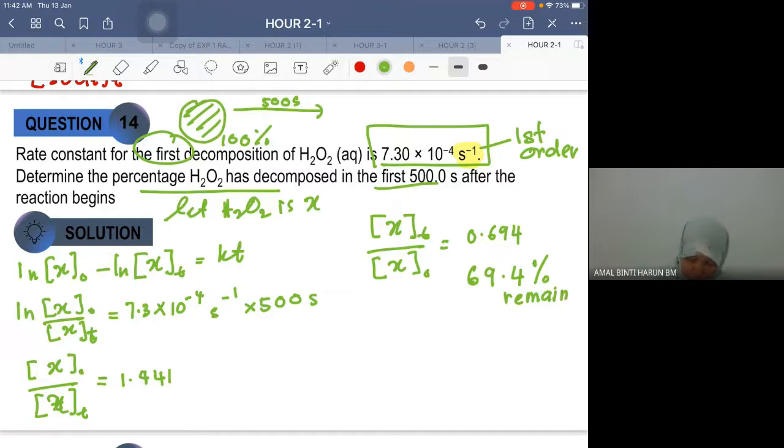Tapi dia minta apa? Percentage decompose, maksudnya yang terurai. Okay, yang telah dibuang sampai kita dapat baki dia remain. So initially 100%, yang decompose tu adalah 100 minus 69, which is 30.6%.